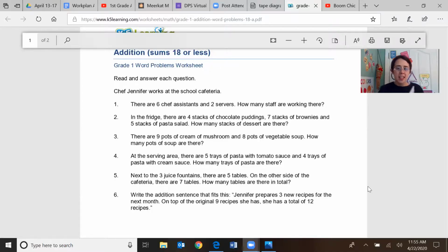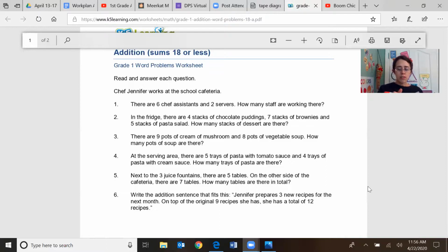And the last one for us to do together would be number 6. Write the addition sentence that fits this. Jennifer prepares 3 new recipes for the next month. On top of the original 9 recipes she has a total of 12 recipes. So I am going to write an addition sentence, but I'm also going to draw a tape diagram.